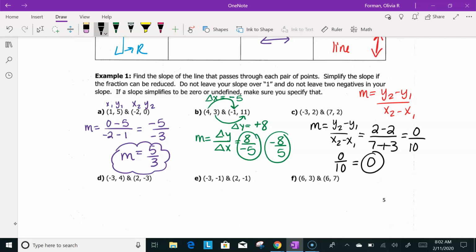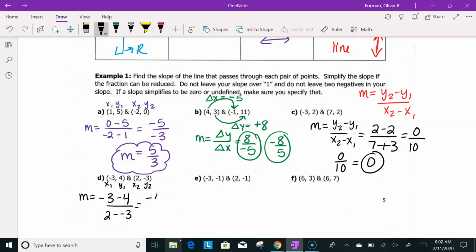Okay, letter D, we have the ordered pairs negative 3, 4, and 2, negative 3. I'll use my slope formula again. So y2 and y1, I'm going to be taking negative 3 minus 4. x2, x1, I'm going to take 2 minus negative 3.